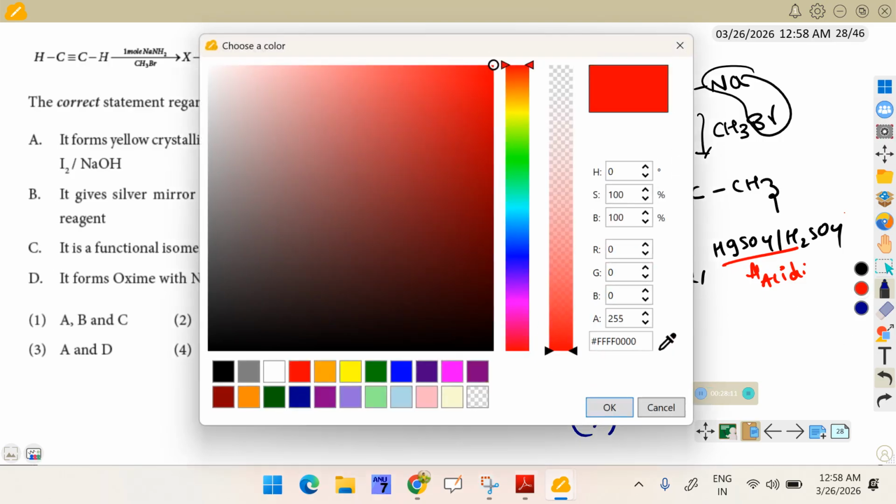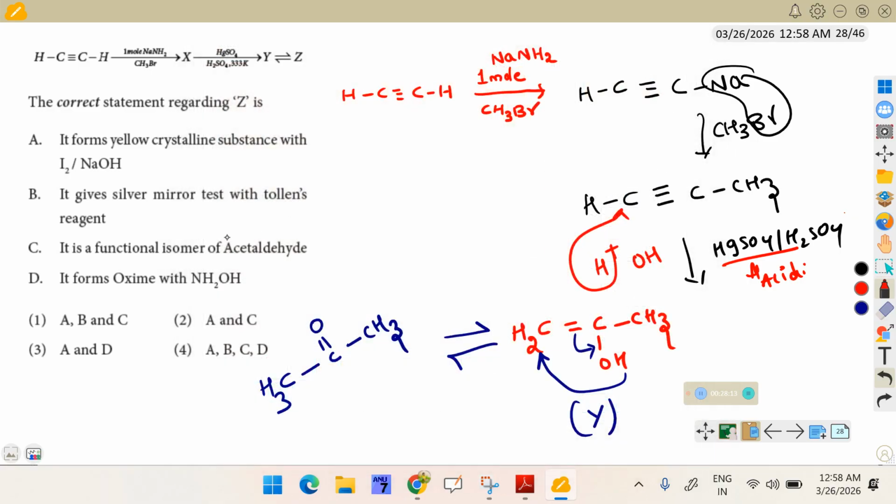What is given? It forms yellow crystalline substance with I2/NaOH. I2/NaOH means it gives positive iodoform test. Yes, it gives positive iodoform test because it is a methyl ketone. It gives silver mirror test. No, ketones do not give silver mirror test.